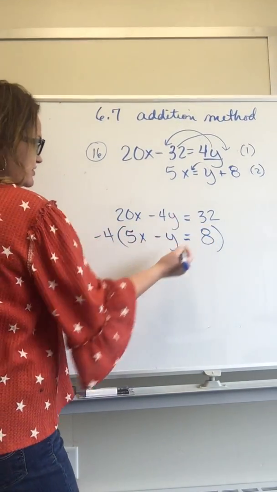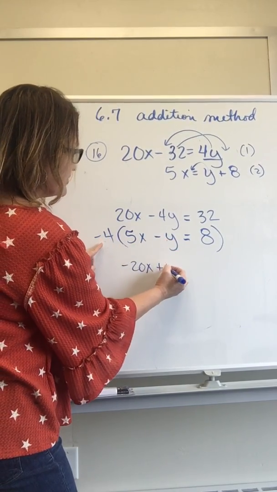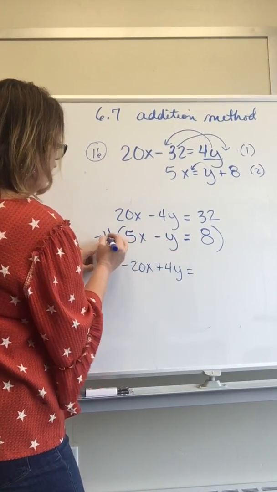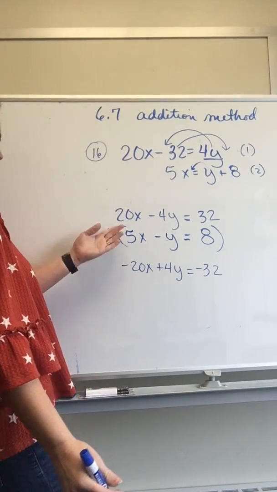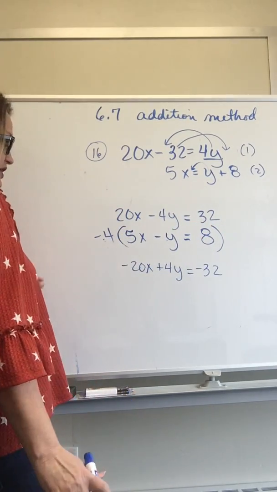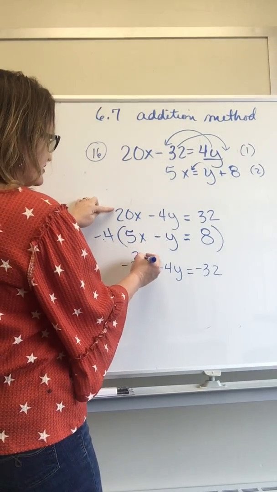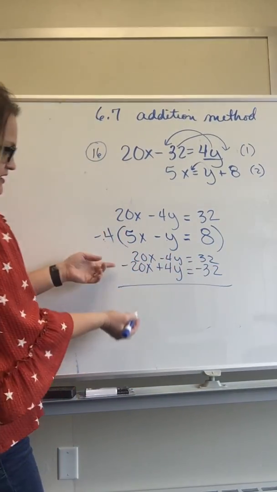If I distribute a negative 4, it makes that negative 20x. The negative times negative makes that plus 4y. And negative 4 times 8 is negative 32. That is equivalent, as long as we do it all the way across to every term. Then I add that other equation.